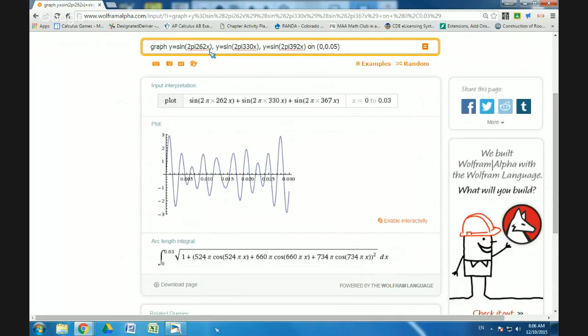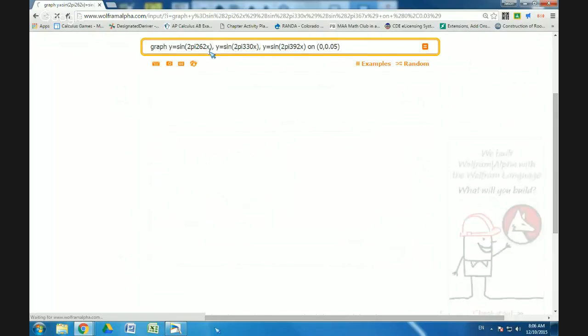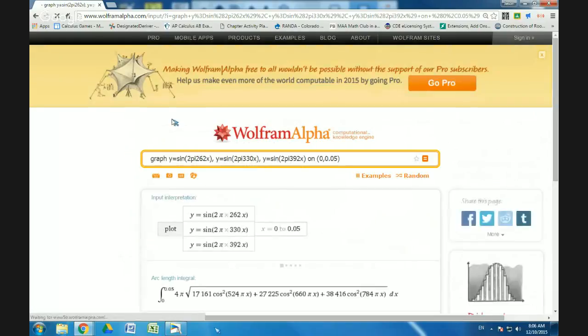I'm going to go to 0.05. I'm putting separate functions in on one coordinate axis.